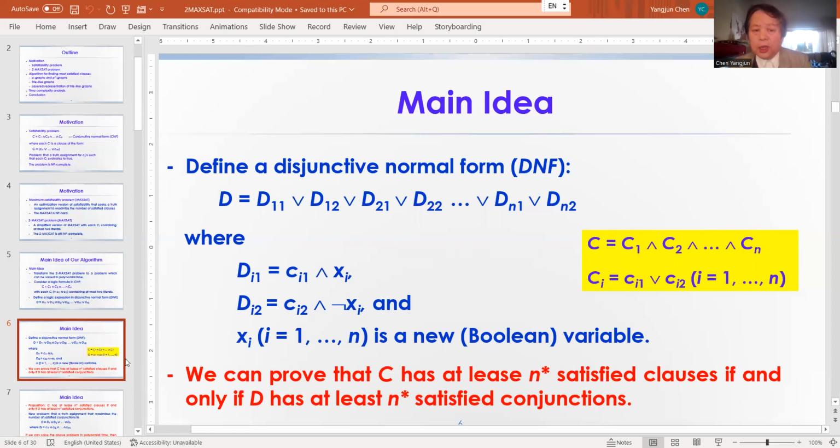Then we can prove C has at least n star satisfied clauses if and only if D has at least n star satisfied conjunctions.